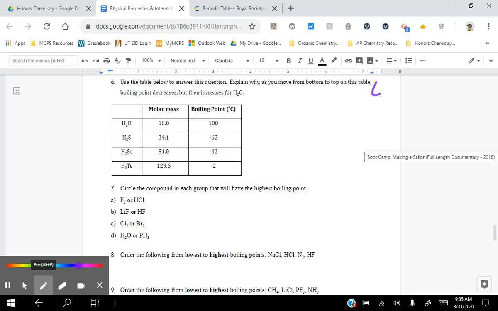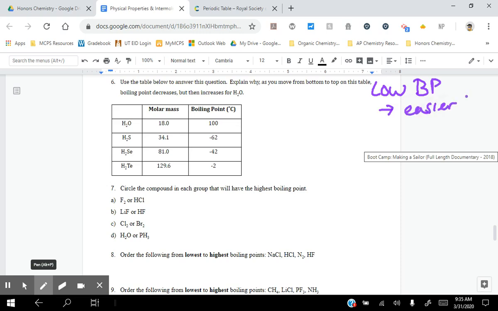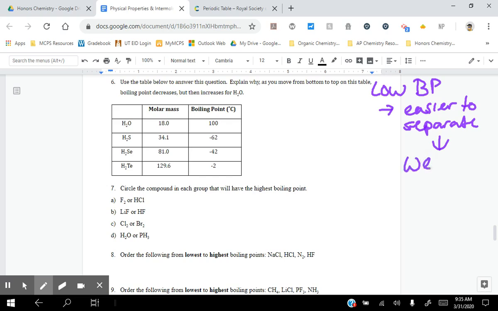So keep that in mind. Low boiling point is easier to separate. Therefore, low boiling point is easier to separate, and therefore the IMFs will be weaker.